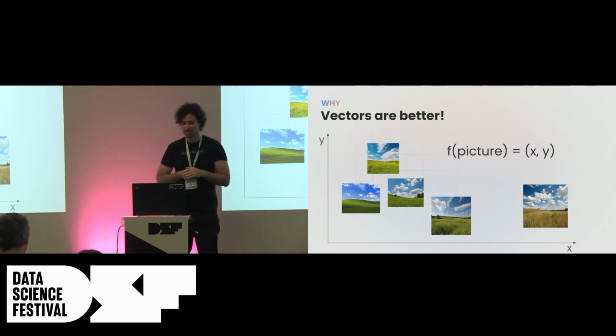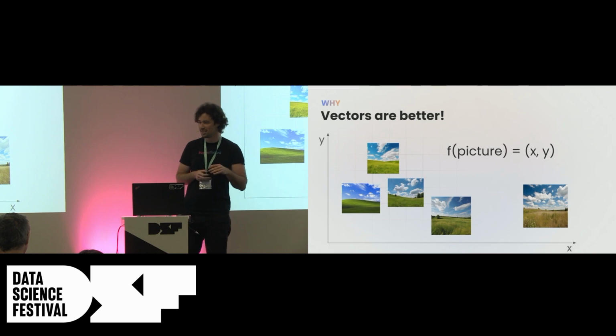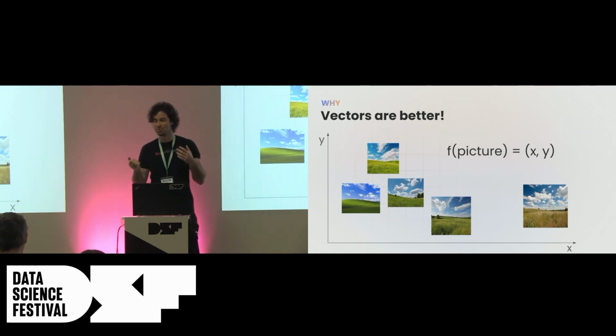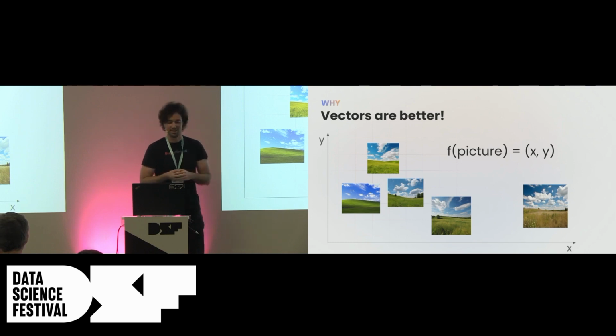Just think of a function that takes any sort of object on the input and produces a set of coordinates in some space, right? And then the problem is how do you construct the space so that it's useful for your problem, right?